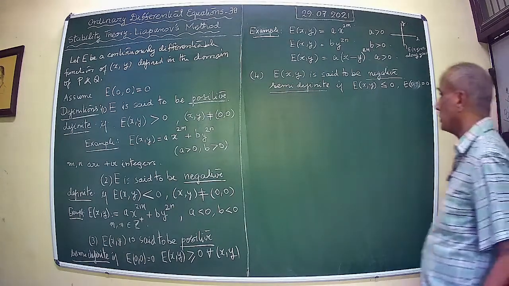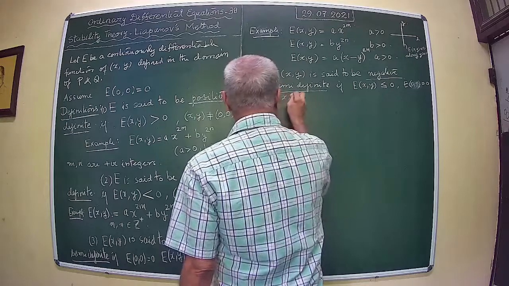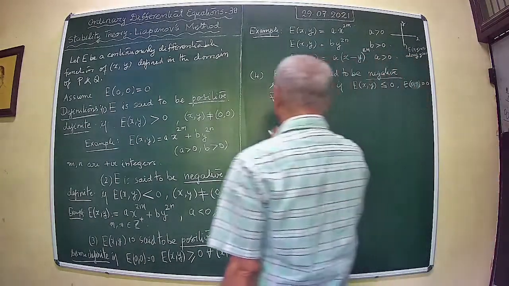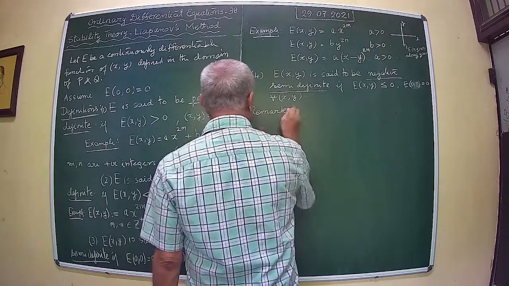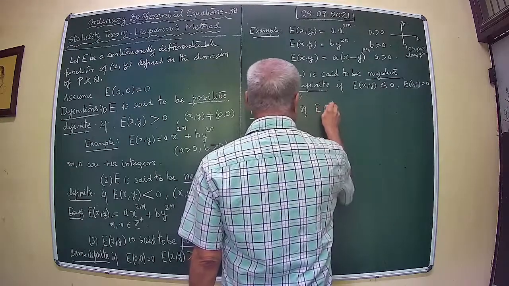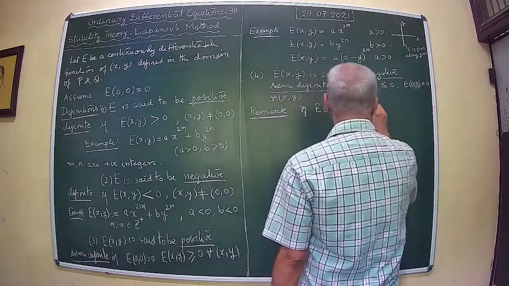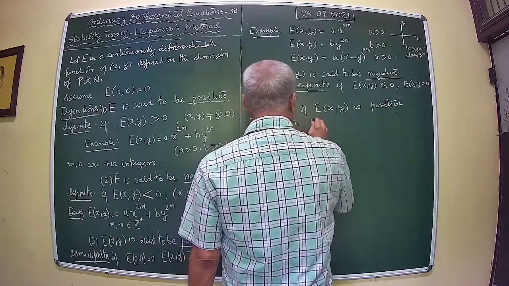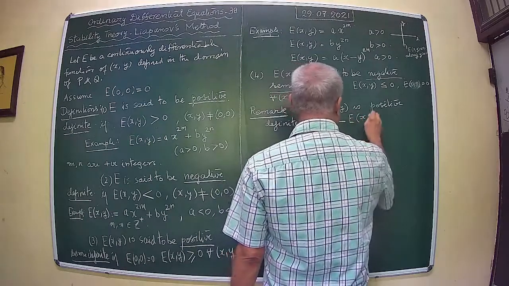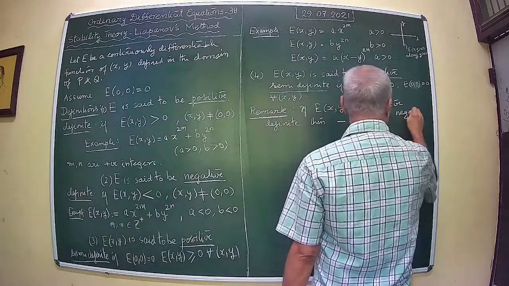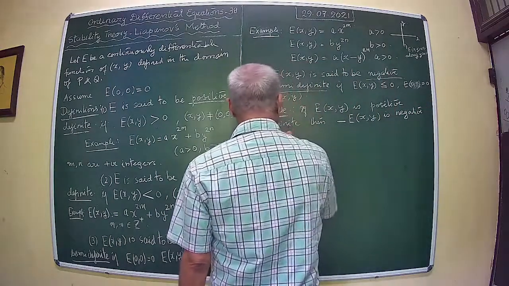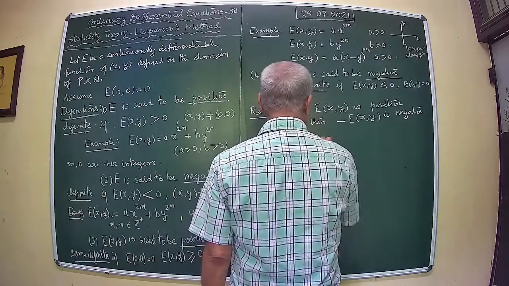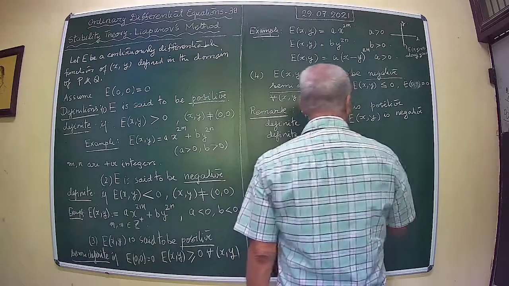If E(x,y) is less than or equal to 0 for every (x,y), now you see that, remark, if E(x,y) is positive semi-definite, then minus E(x,y) is negative semi-definite and vice versa.